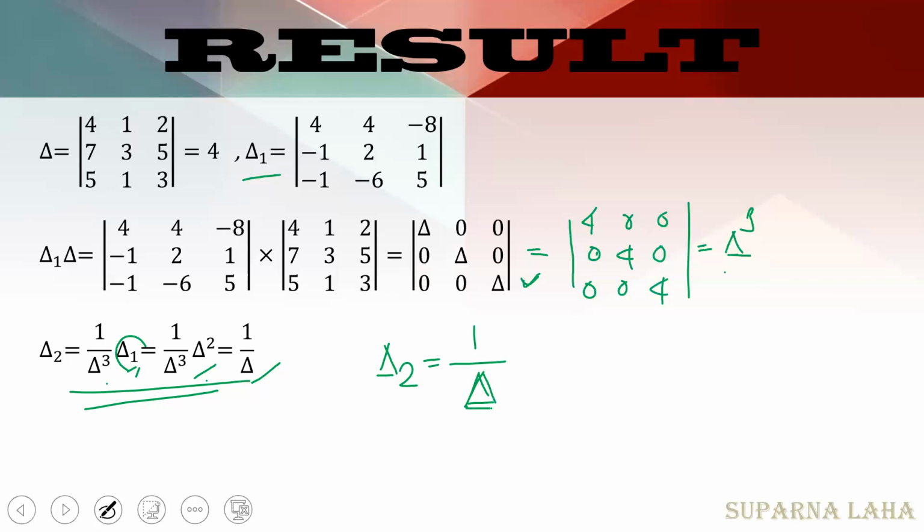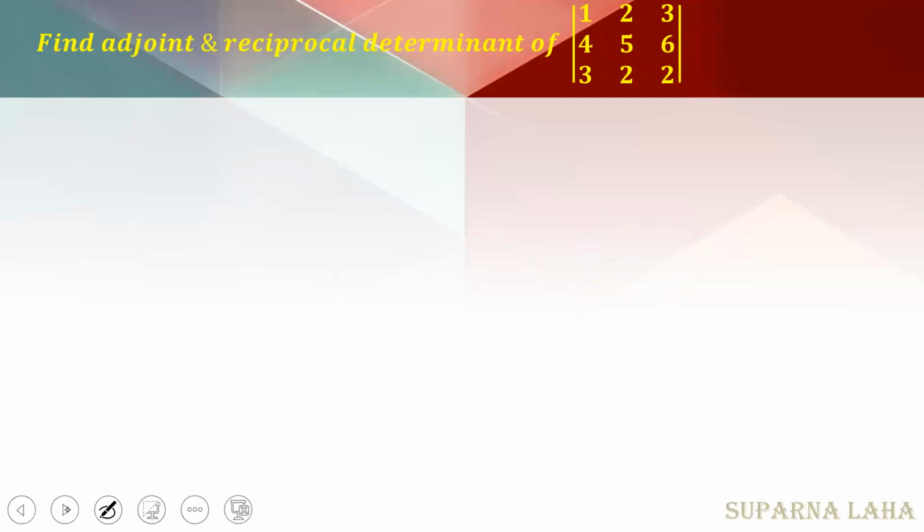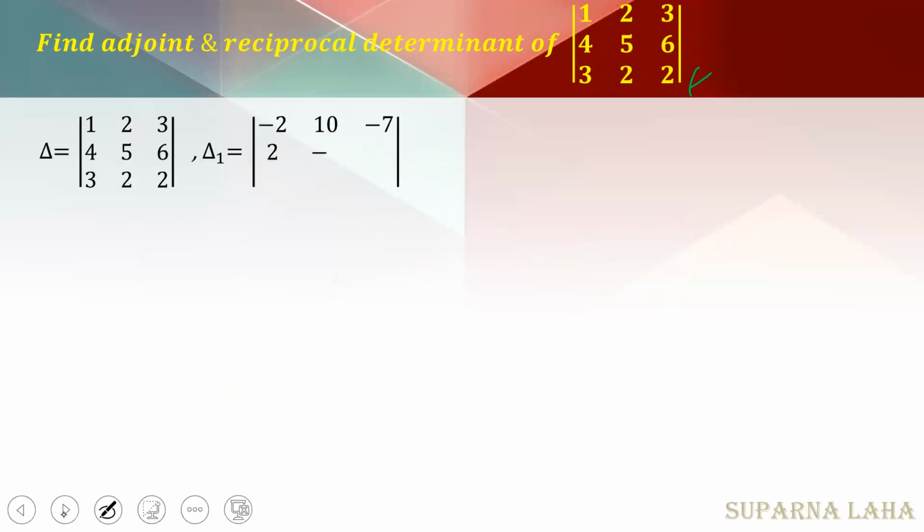So let's solve some problems from it. You need to find the adjoint determinant and reciprocal determinant of this given determinant. So write down the determinant first, 1 2 3, 4 5 6, 3 2 2, and its adjoint determinant is given by this delta 1.